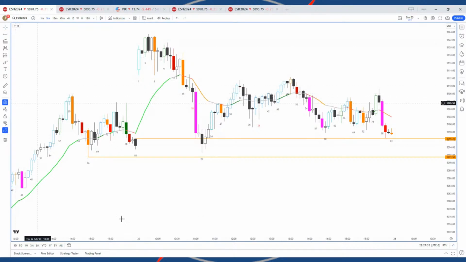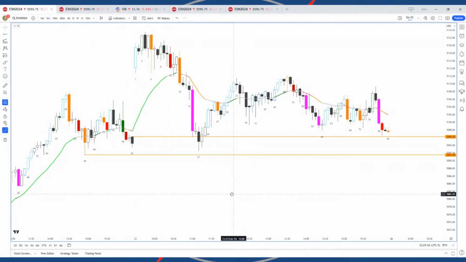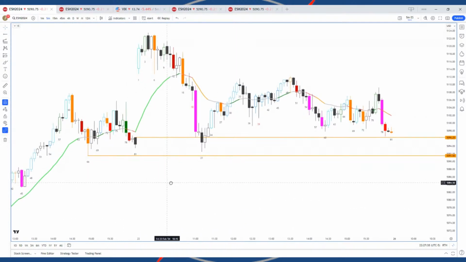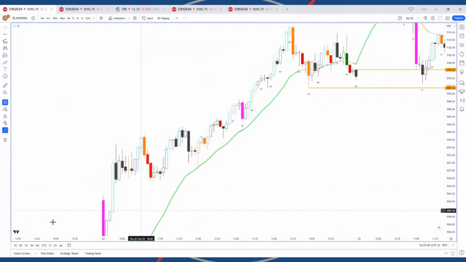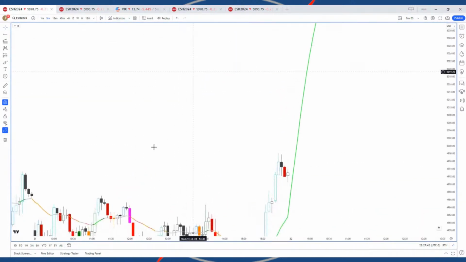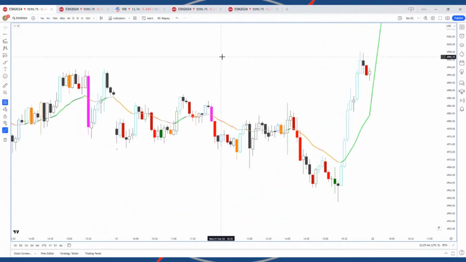Let me see, do you have a good example? Oh yeah, last Wednesday. This is a good one. We had this outside bar breakout and follow through. It's a good sell. There were a lot of them this day.